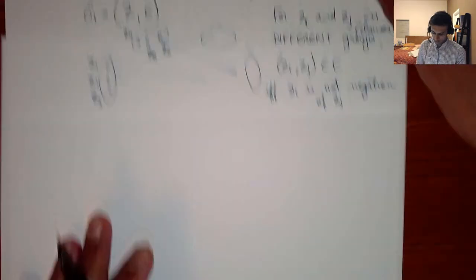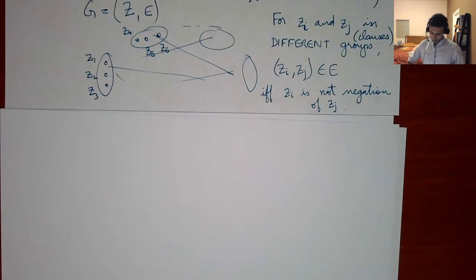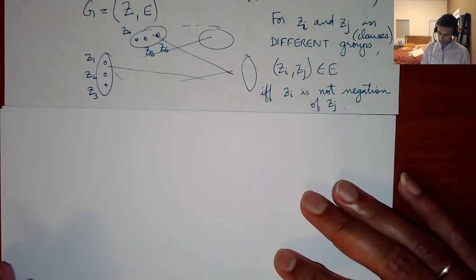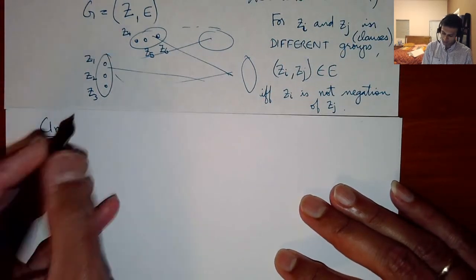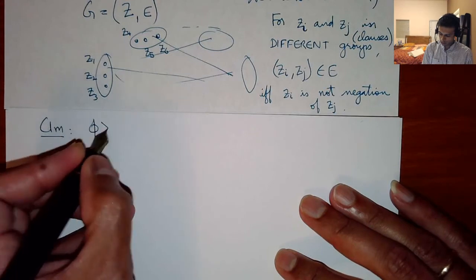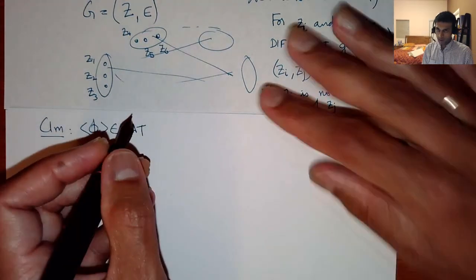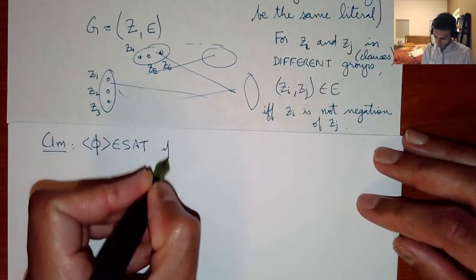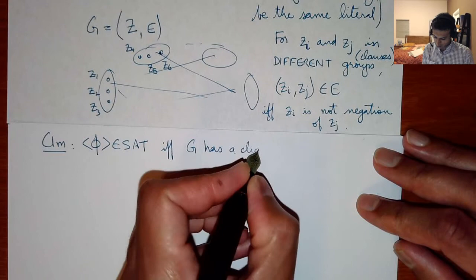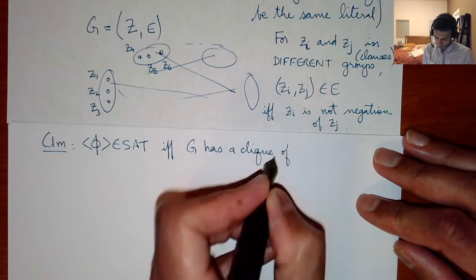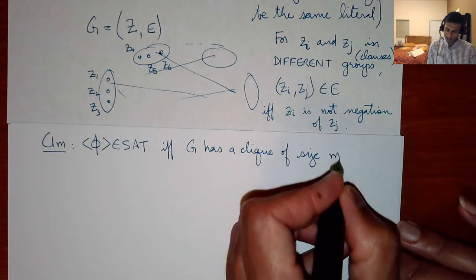Now here's the main technical claim: phi is satisfiable if and only if G has a clique of size m.